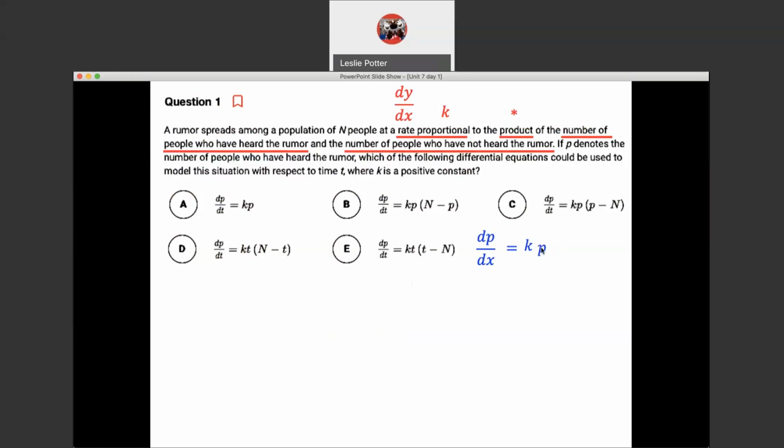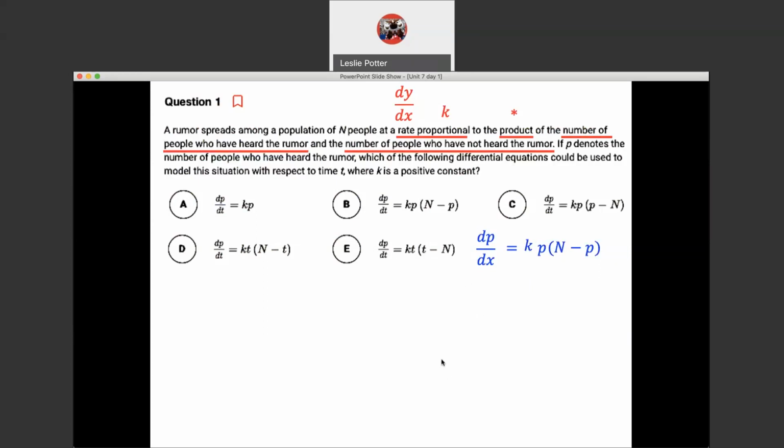So that's p. And so the number of people who have not heard the rumor is n minus p. Okay, if 10 people hear it and there's 40 people, then 40 minus 10 have not heard the rumor. So it's the number of people who've heard the rumor and the number of people who've not heard the rumor. And it's directly proportional, that's what that means.